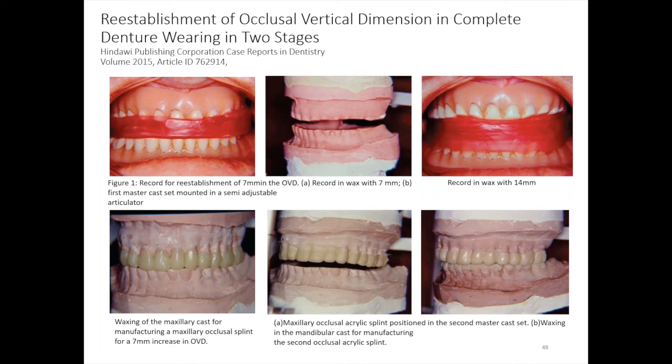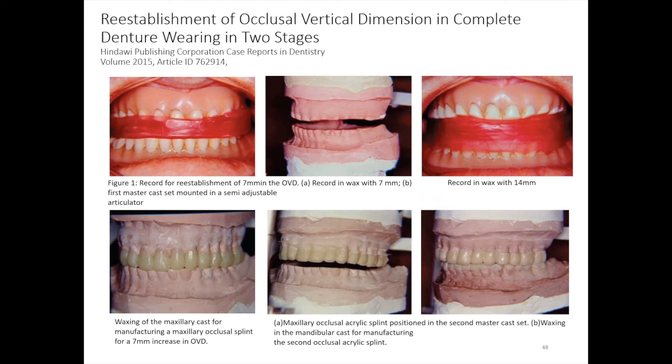Establishment of appropriate occlusal vertical dimension is a fundamental factor for a new complete denture in harmony with the patient's masticatory system. But long time use can cause jaw displacement due to abrasion of artificial teeth and residual ridge resorption, causing a decrease in occlusal vertical dimension.